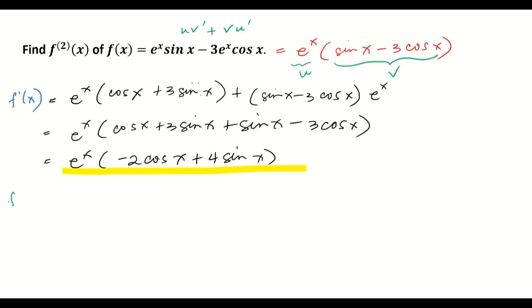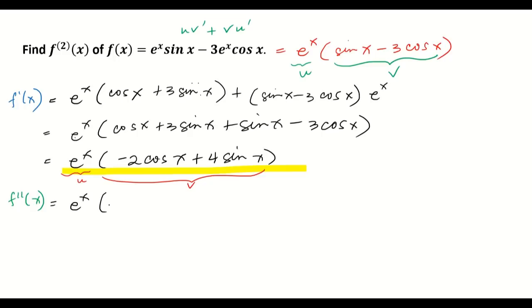For the second derivative, let's have this as u, and this is our v. So following the same formula for product rule, we have e raised to x times the derivative of negative 2 cosine x plus 4 sine x.